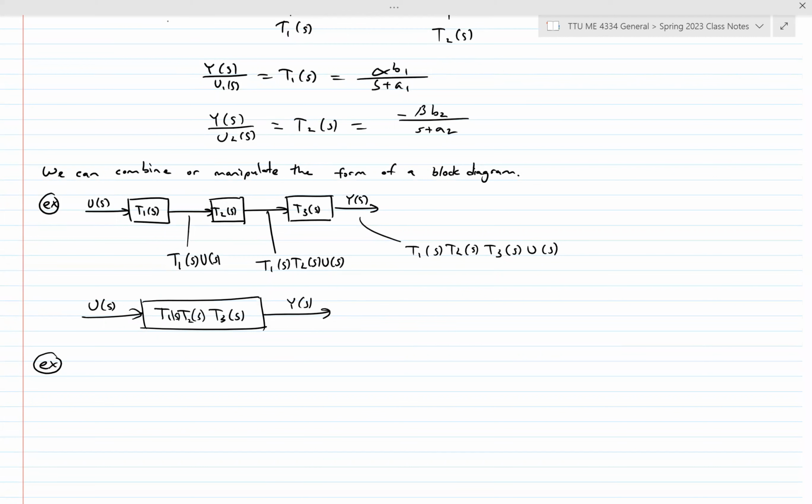What about a case where we have, let's say, a summer with, I'll do 3 pieces here. So we'll start with U of S, but we're going to have 3 transfer functions. So let's call this T1 of S, T2 of S, and T3 of S, right? And U of S is going into all of them.